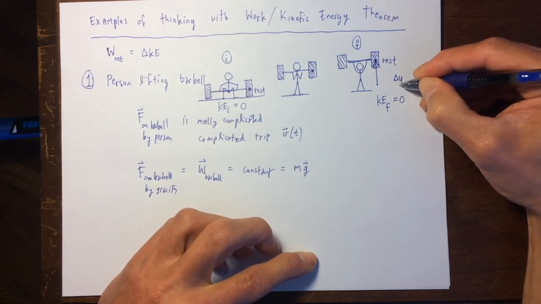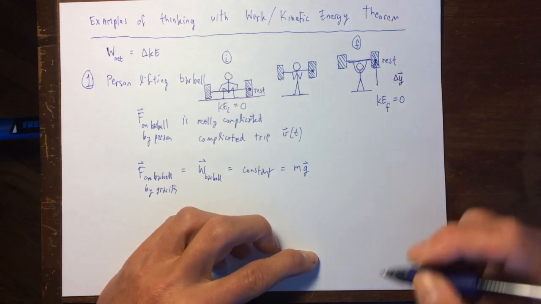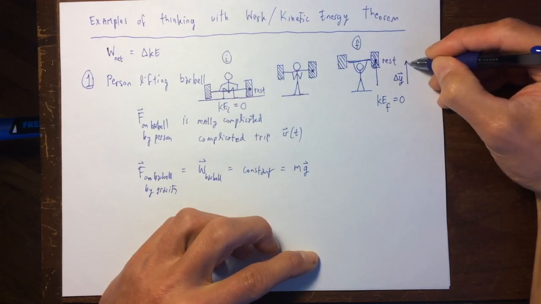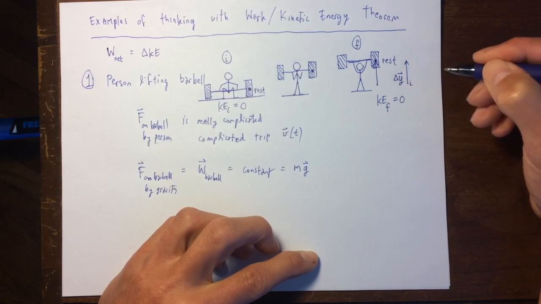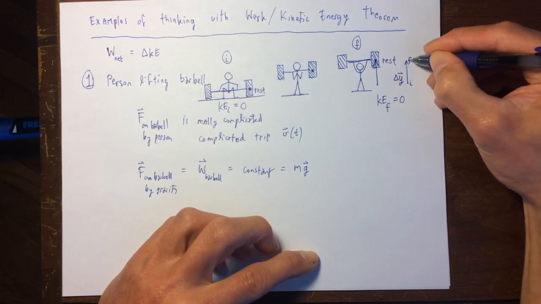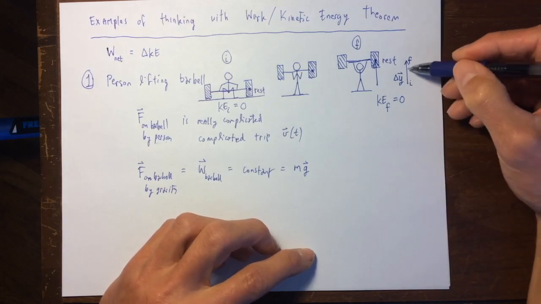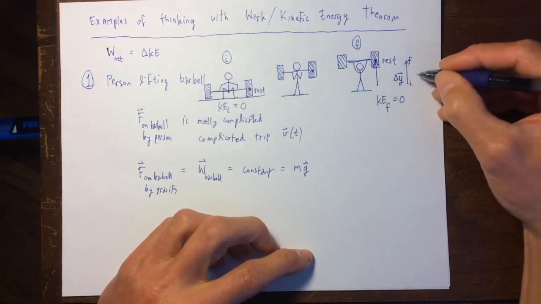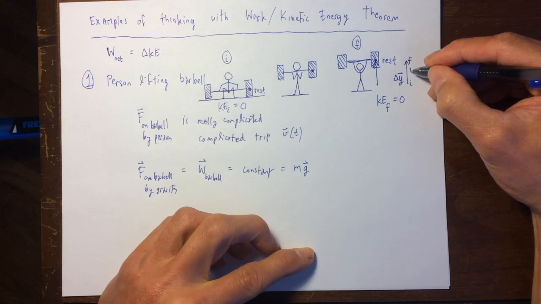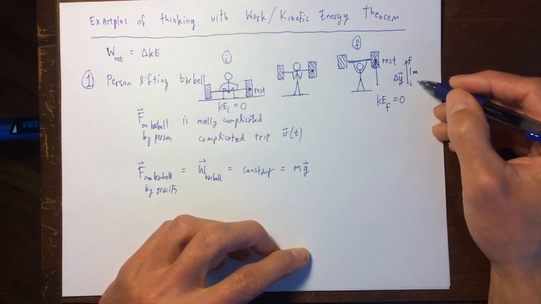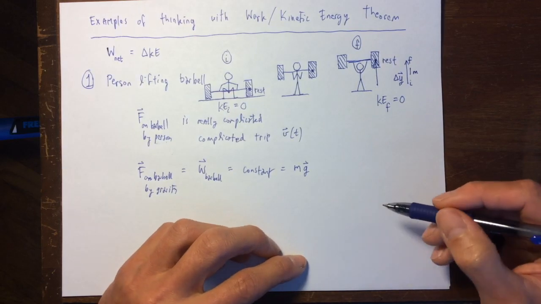In this case, I'll just call it delta y because it's in the up-down direction. So delta y is this displacement arrow that tells me where it used to be and where it is after the trip. It is an arrow that points upwards and has a certain distance. For people, this could be like, say, 1 meter or 1.5 meters, depending on how tall the Olympic athlete is.